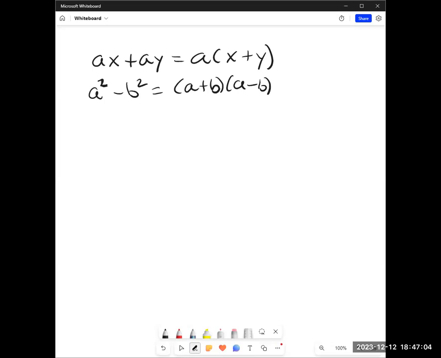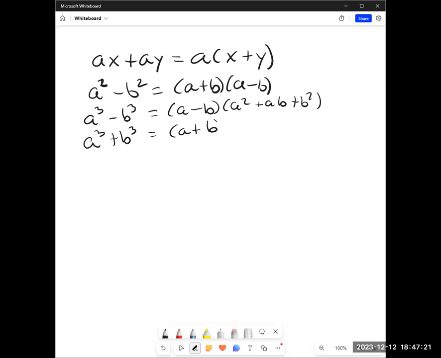So a cubed minus b cubed is a minus b times a squared plus ab plus b squared, and a cubed plus b cubed is a plus b times a squared minus ab plus b squared. Those are some of your main factoring techniques. I'll talk about how to deal with the trinomials when we get to them.